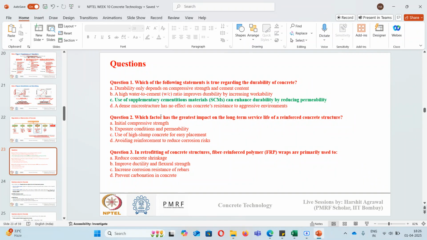Question number two. Which factor has the greatest impact on the long-term service life of an RC structure? So what will be the answer?